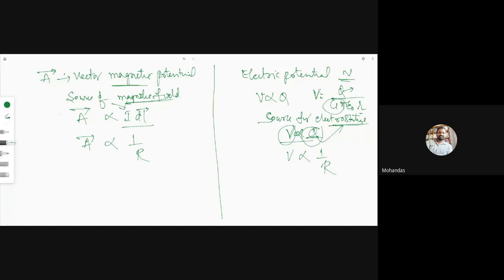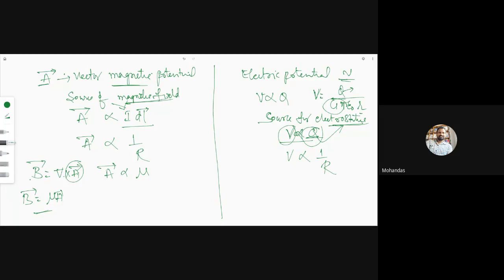And one more thing is that A relates to the magnetic flux density: B equals del cross A, and B is proportional to mu into H. So as del cross A equals B, A is also proportional to mu.